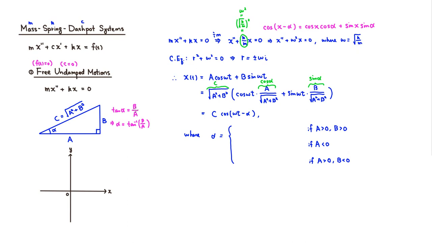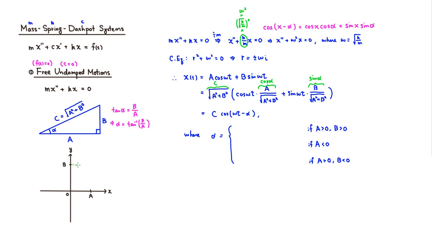Right, so first case is when A is positive, B is positive. So A is positive here, and B is also positive. All right, so we're talking about the angle, which looks kind of like this.